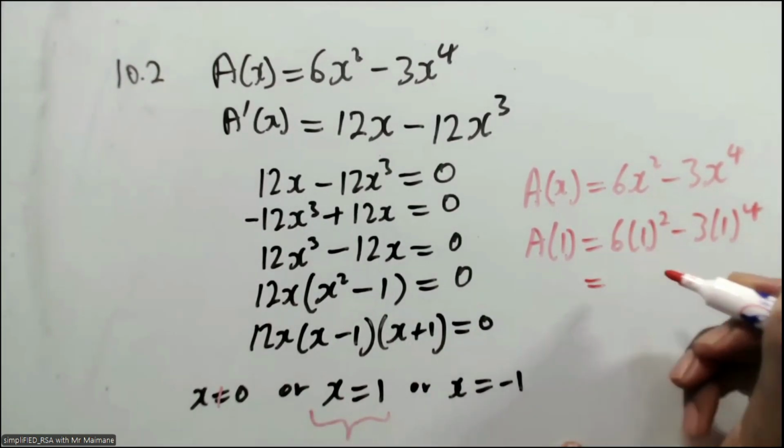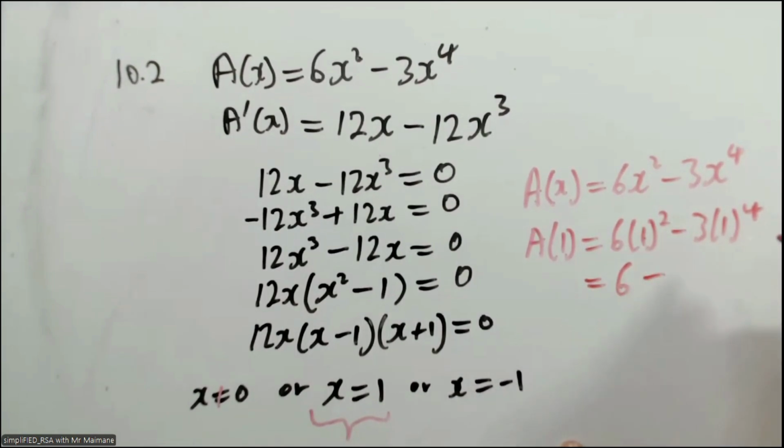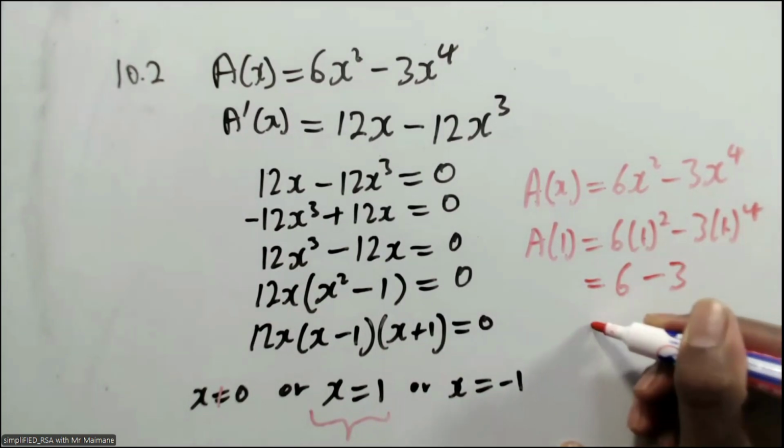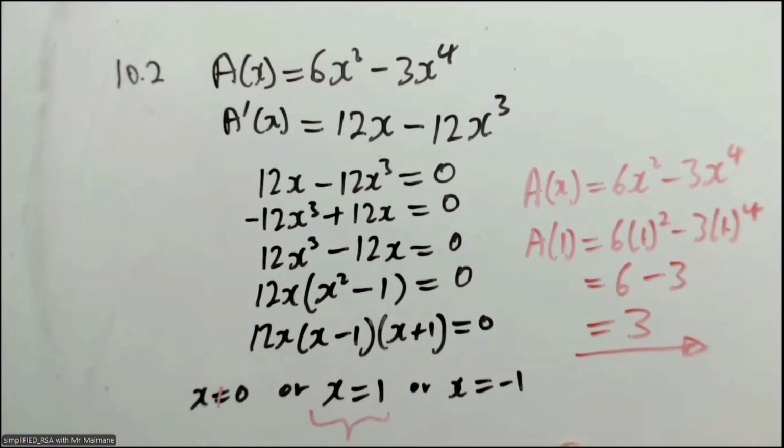If I simplify this, 1 squared is just going to be 1, so I will have 6, minus 1 to the exponent 4, which is also going to be 1. So it's going to be 6 minus 3, which makes the maximum area 3. That's what you get. So the maximum area for rectangle EFGH is 3.